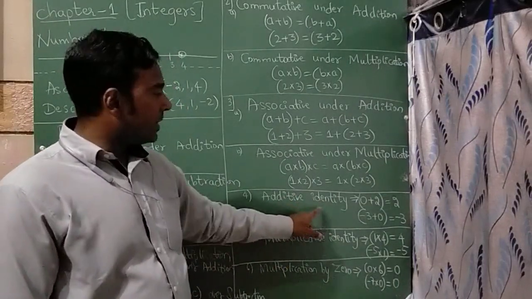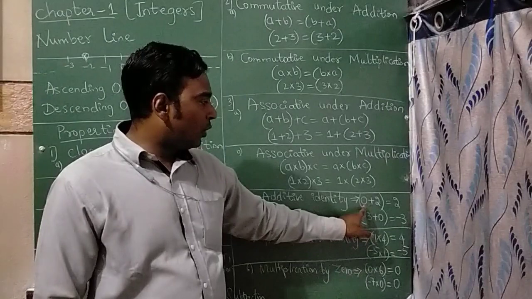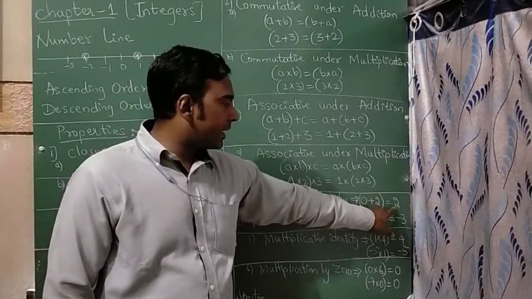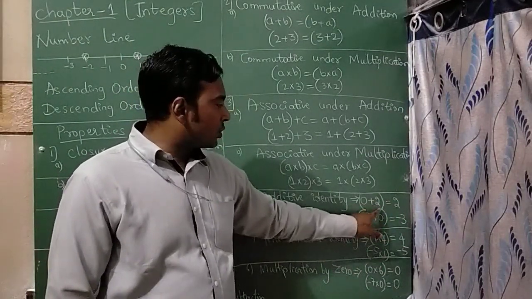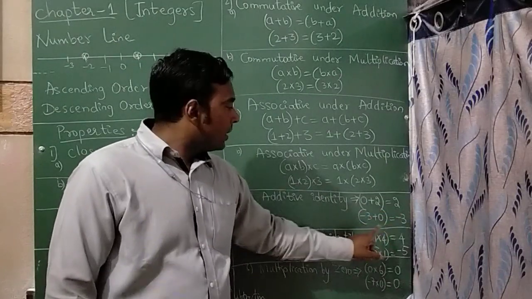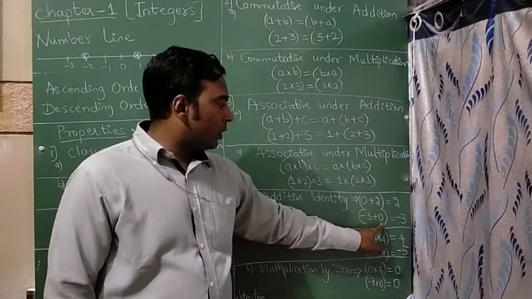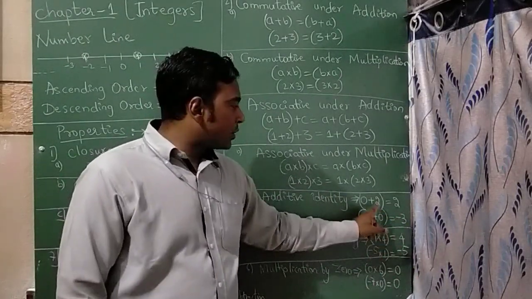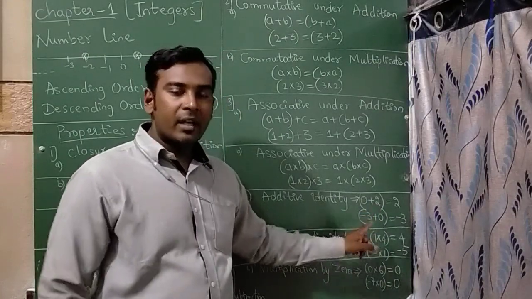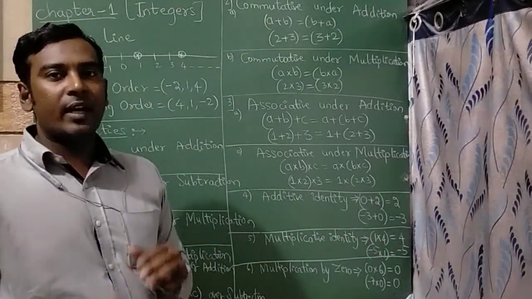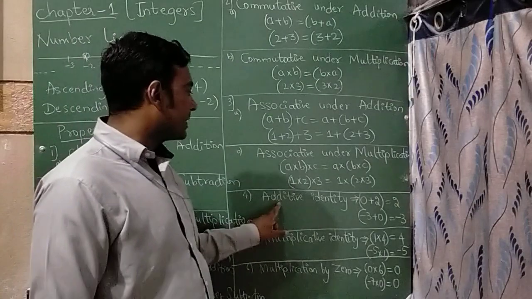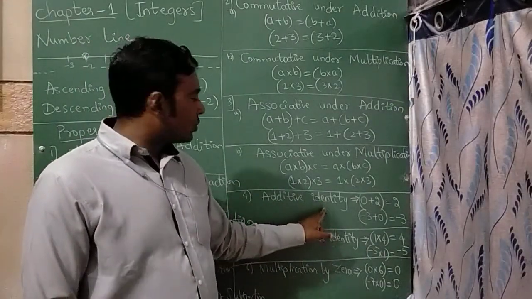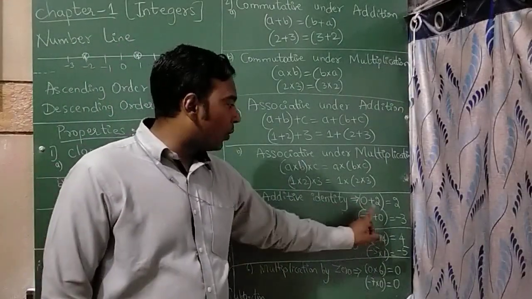Additive identity means if you add 0 with any number, you get that number. So 0 plus 2 is 2. Now -3 plus 0 is -3. Any positive number or negative number, if you add it with 0, you get the same number. That is called additive identity. So the identity here is 0.